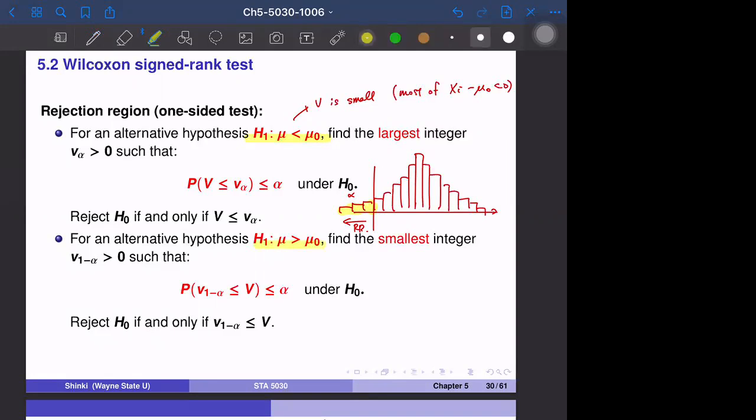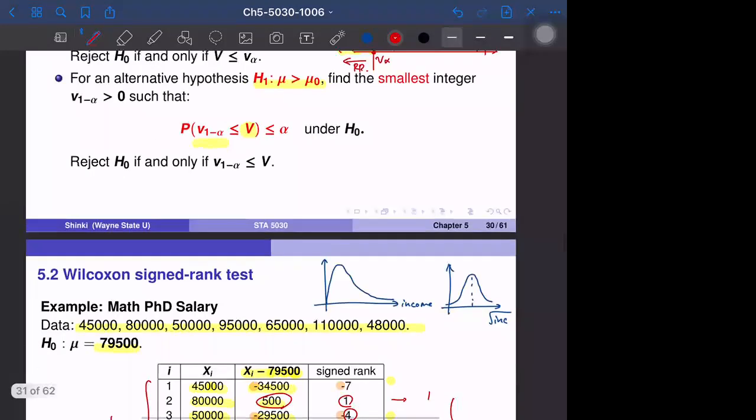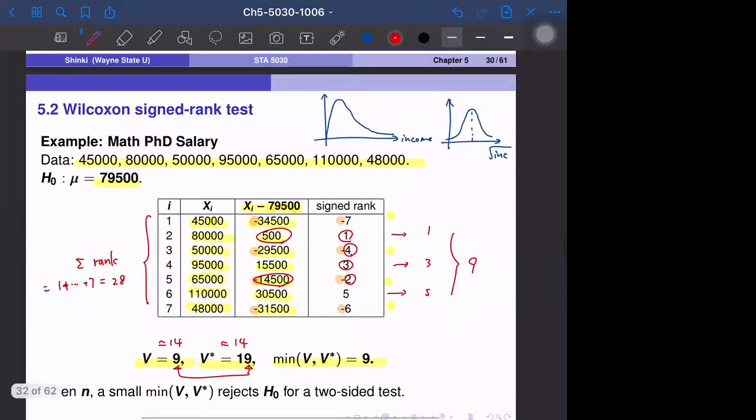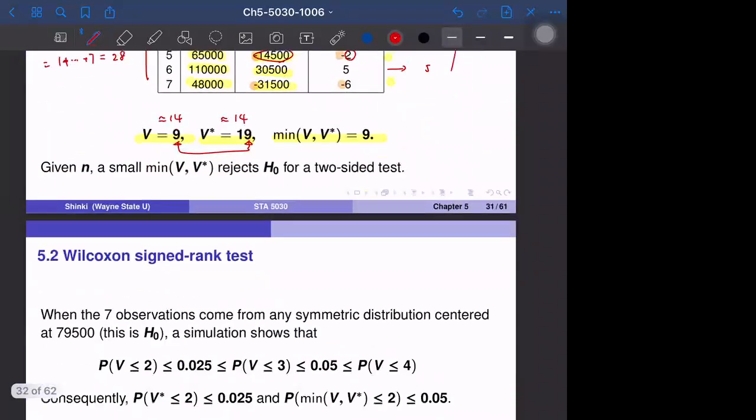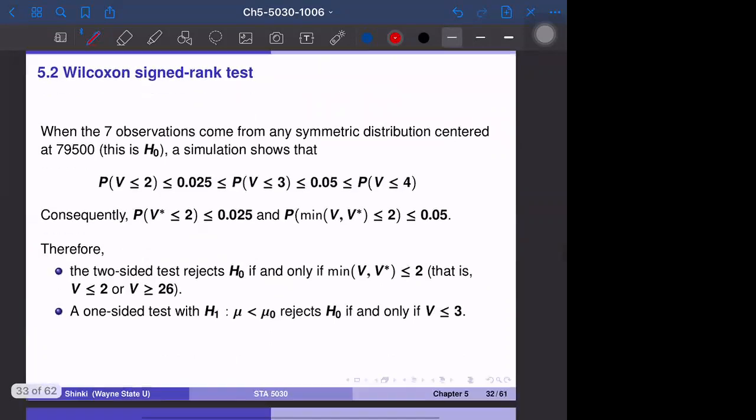If V is larger than some threshold, then we reject. So here is V alpha. In this way we can do the Wilcoxon signed rank test.